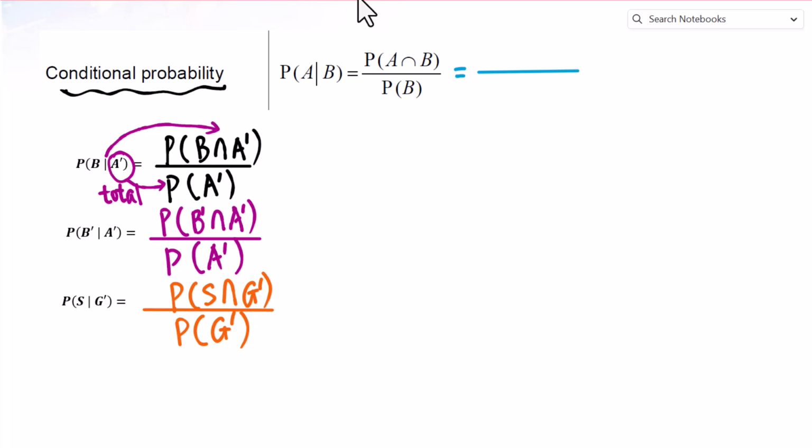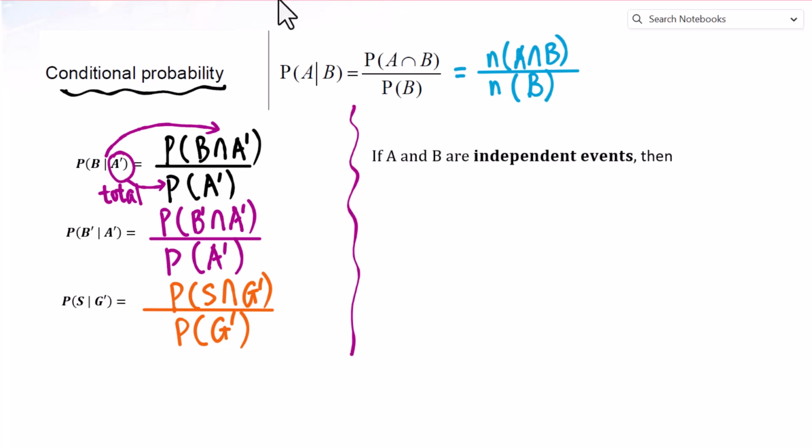For conditional probability, we can also use the number of elements in each set: n of A given B equals n of A intersection B all over n of B. Which one is better based on the context?